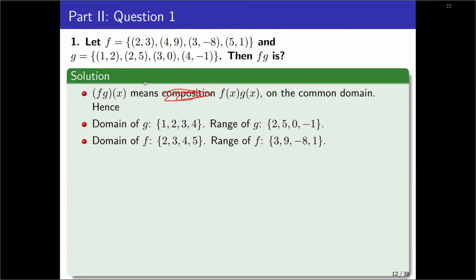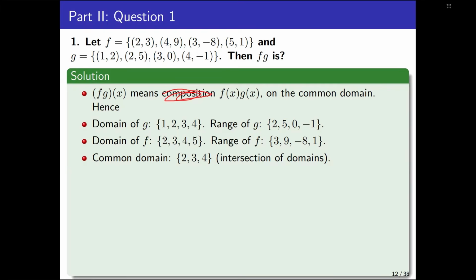Similarly, the domain of the first function f is 2, 4, 3, and 5, and its range is 3, 9, minus 8, and 1. So let us take the common domain, the intersection of the domains of f and g, the set containing 2, 3, and 4.